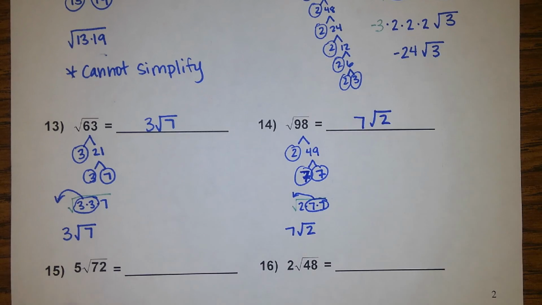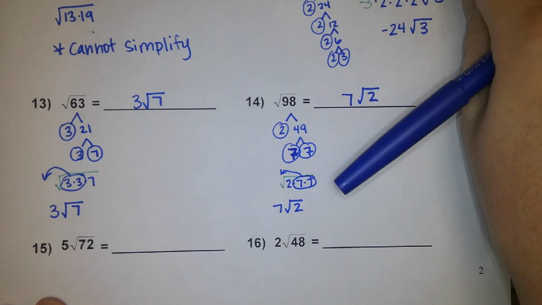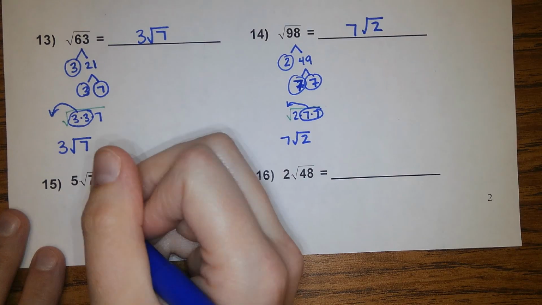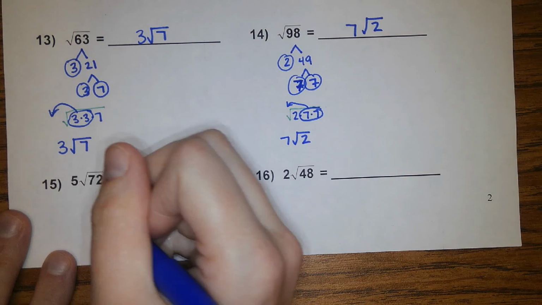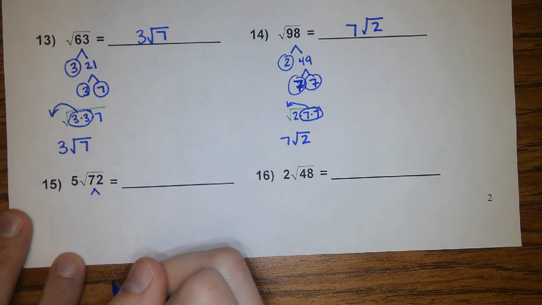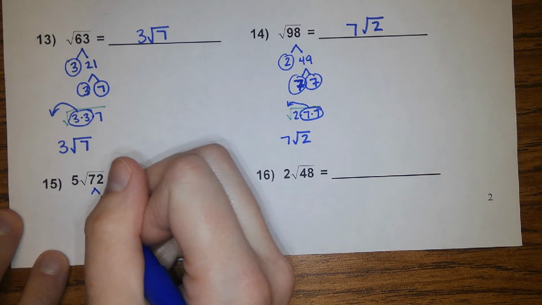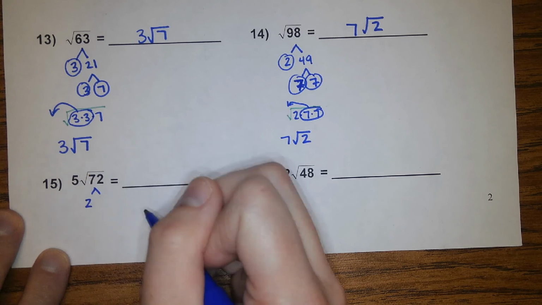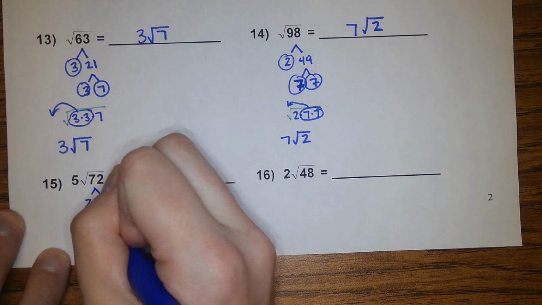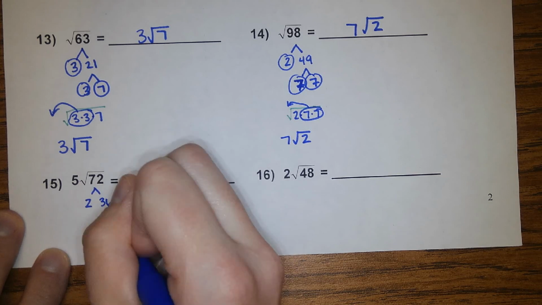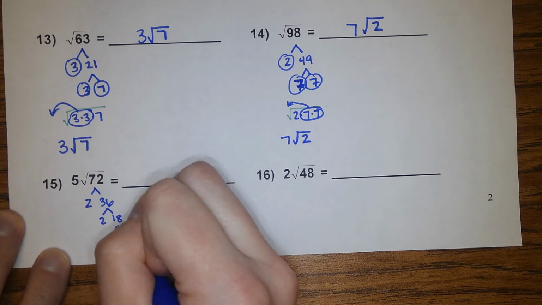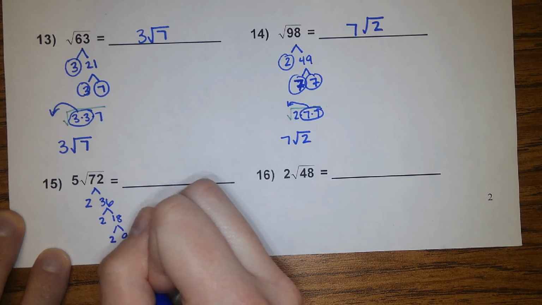And then for 15 and 16, let's take a look at these guys. We're going to go ahead and use our little factor tree here. So we have 5 radical 72. So first I'm going to do my factor tree for 72. I think the easiest way to start is just with 2. So it would be 2 and 36, and then 2 and 18, and 2 and 9, and 3 and 3.